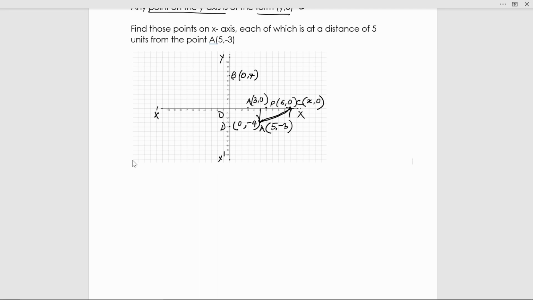So again, what we will do is that in this step 1, we have to visualize the location of each point.